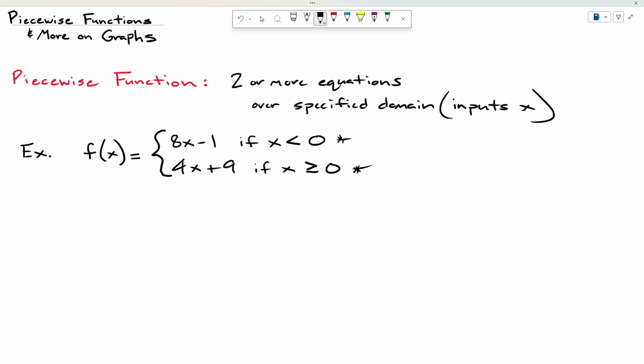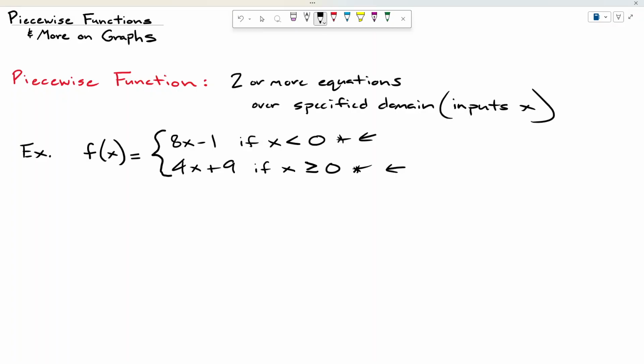It specifies for us which domain values correspond to which equation. So for all x less than 0, we're inputting into the top equation. And for all x greater than or equal to 0, we are using the bottom equation.